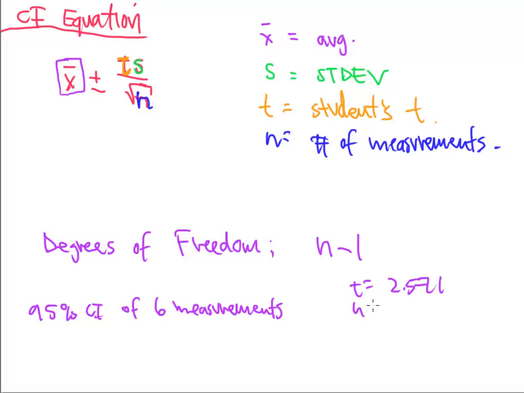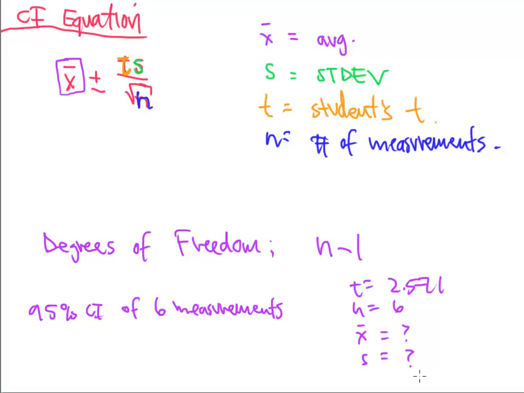My n would be a 6. My average, I would be able to calculate. I would just need to know what my measurements were. And my standard deviation, I would be able to calculate. I would just need to know what my measurements were. But that's the information that you need in order to use and interpret the table. So you need all of those pieces.